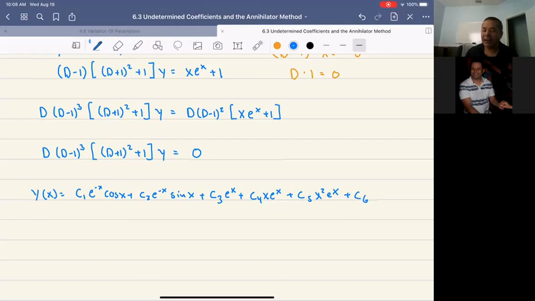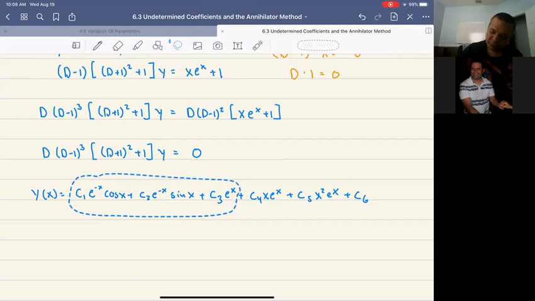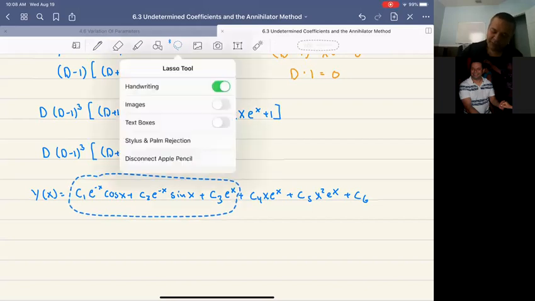Now, so far we're doing good. Now we have to ask ourselves, what is part of the general solution? What is our homogeneous solution? So these pieces were already part of the homogeneous solution.